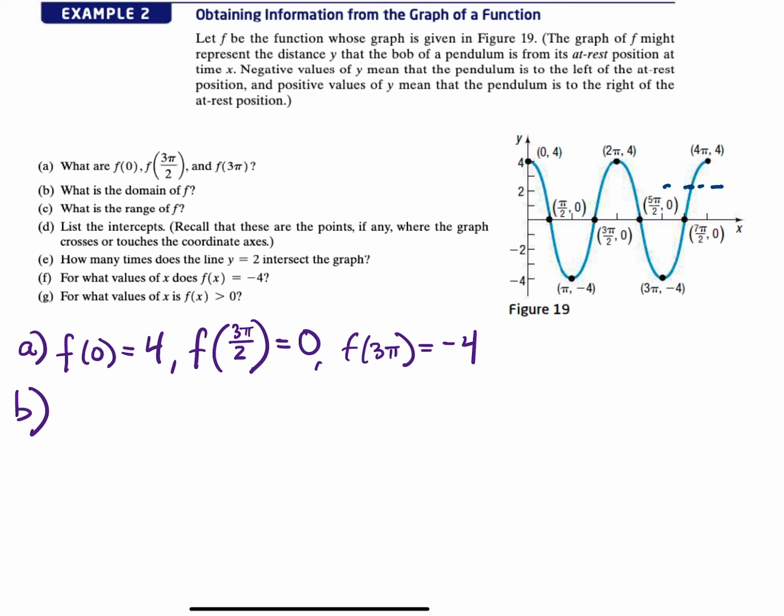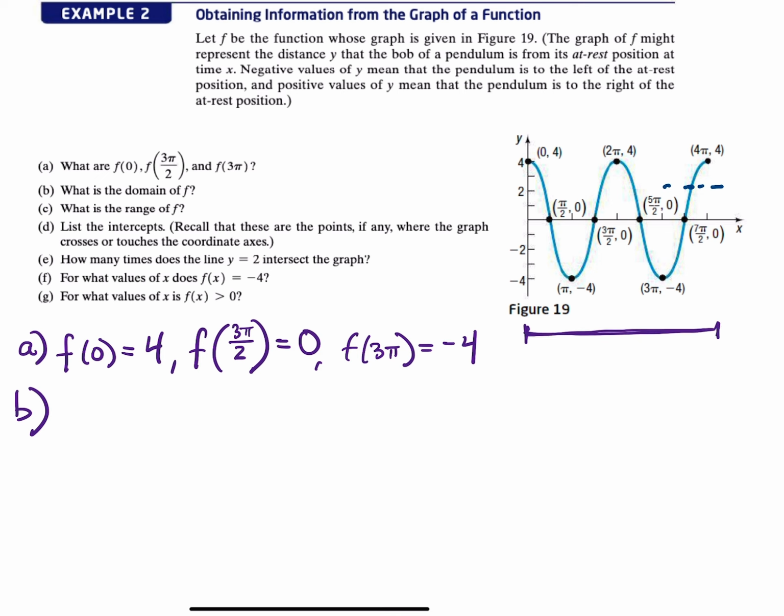So B asks, what's the domain of f? Recall the domain is the set of all of the inputs of our function, specifically all of the inputs for this specific situation. If you have a graph of a function, our inputs are our x values, so just look at the range of x values in which the graph exists.